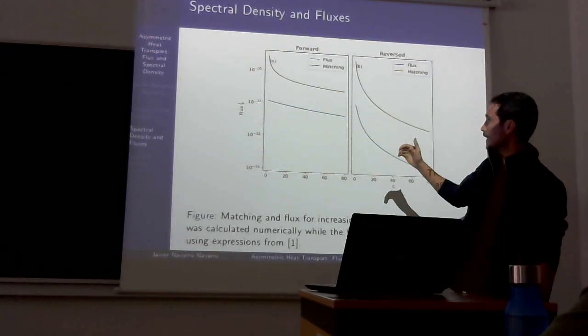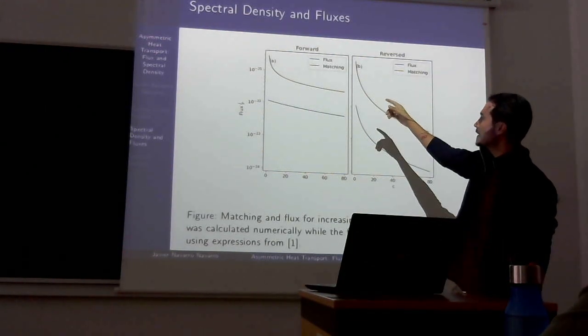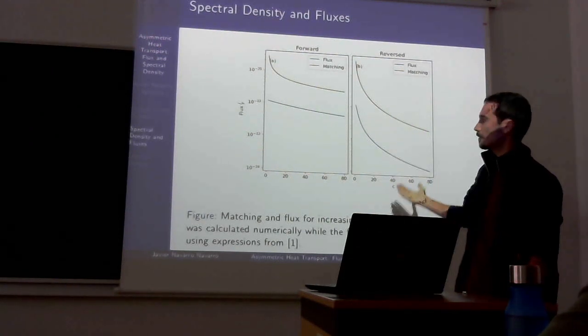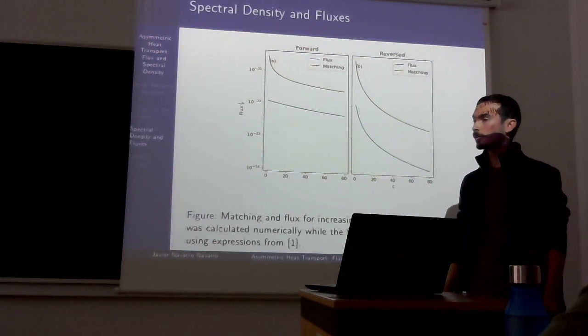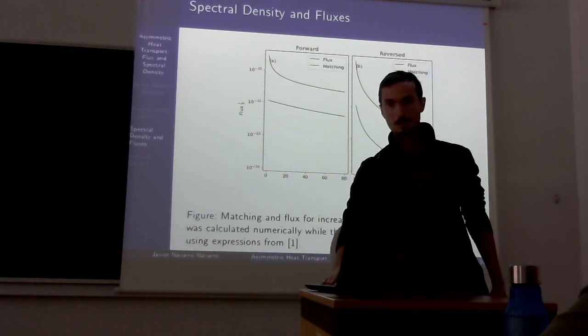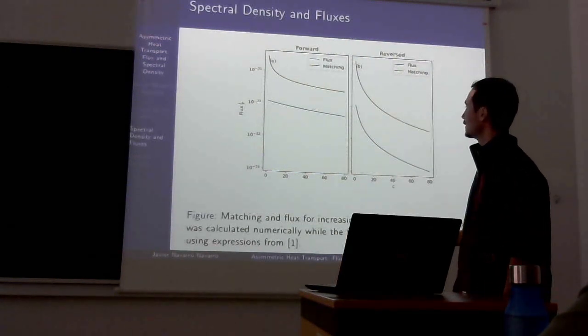And we can see that, yes, as expected, the matching is bigger than the flux, but what I want to point out here is that they are very similar. Both are decreasing and have the same shape.